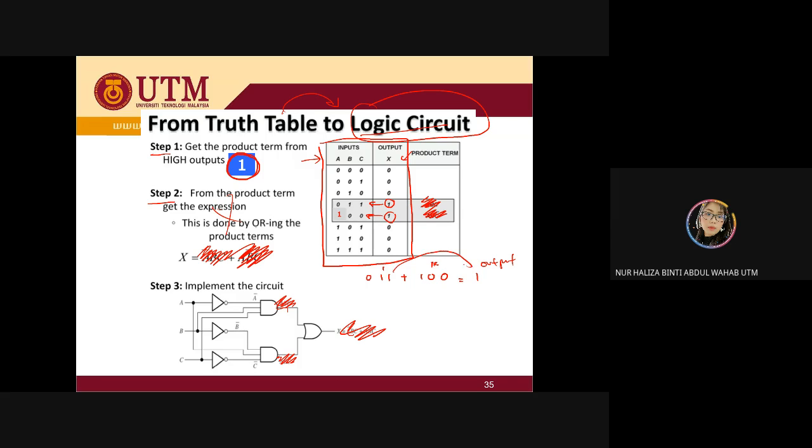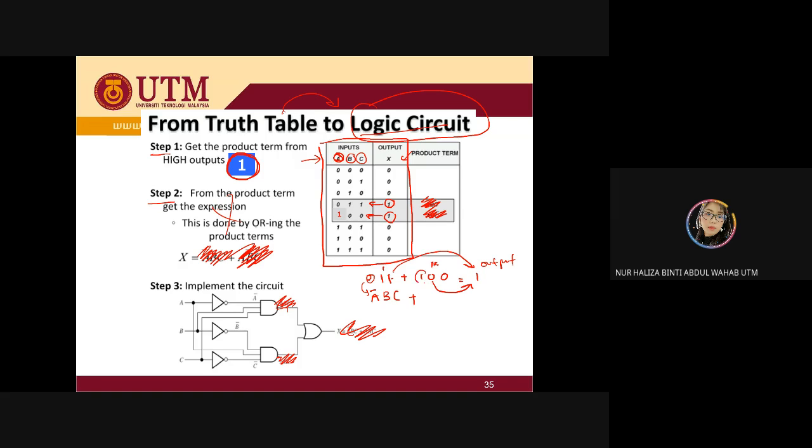This one I got 1, this one I got 1. So what is the meaning of 0, 1, 1? If you have 0, it represents the opposite of your input. If this is A, it will be A bar. If your input is B and the value is 1, then it is B. If your input is C and the value is 1, it is similar.